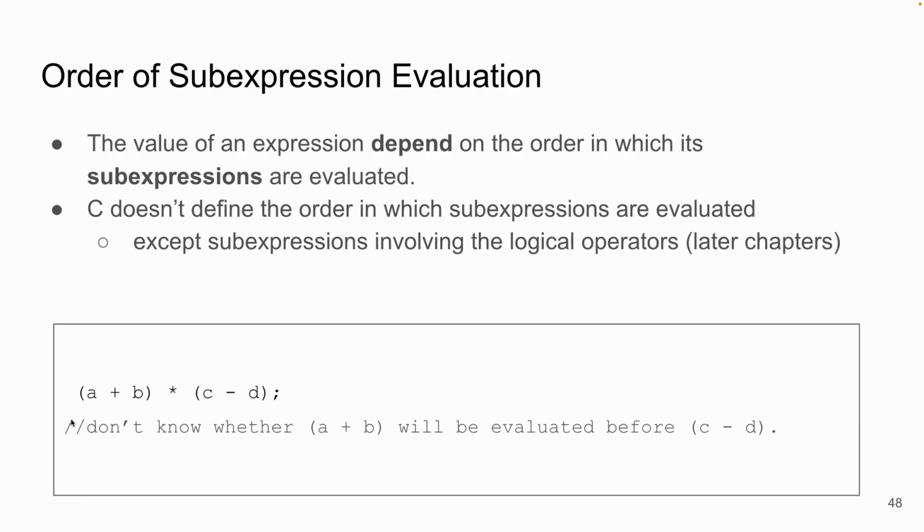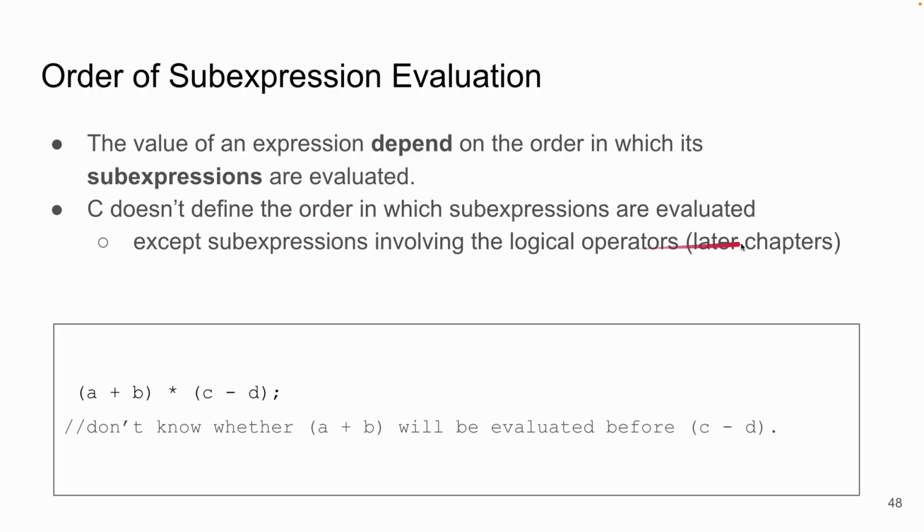Those small parts are called sub-expressions. The value of an expression sometimes depends on the order in which its sub-expressions are evaluated. C itself doesn't define the order in which sub-expressions should be evaluated first or not.